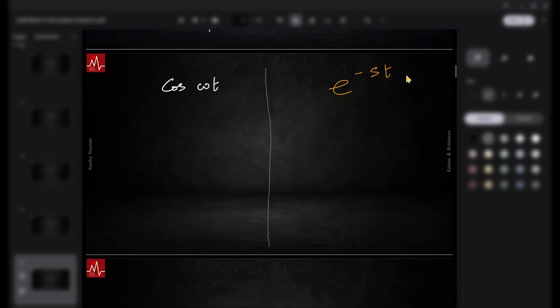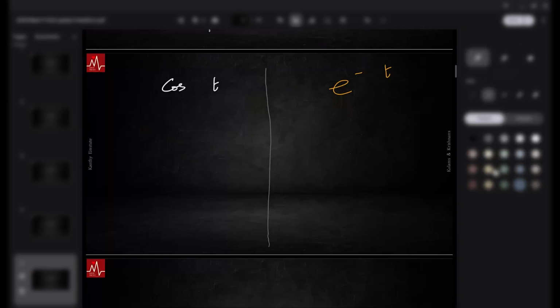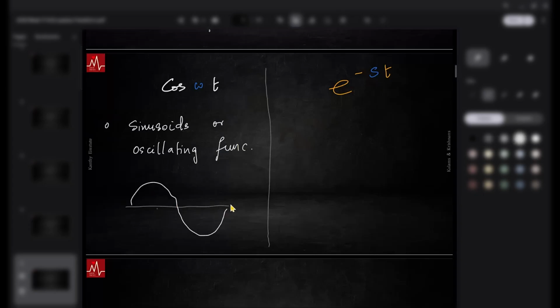What kind of a function is e power minus st? Let's also color code this. With cos omega t you got sinusoids, oscillating functions that go up and down and keep repeating.